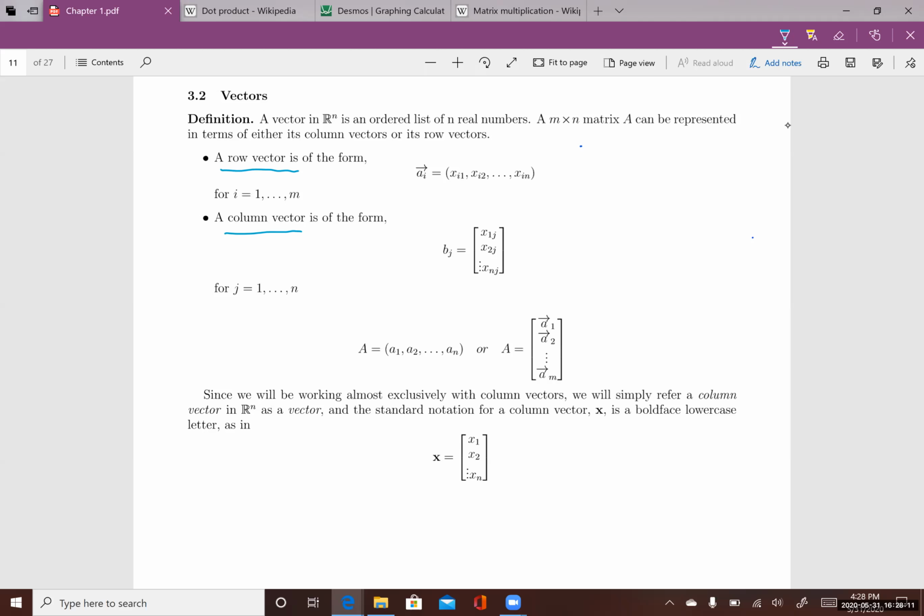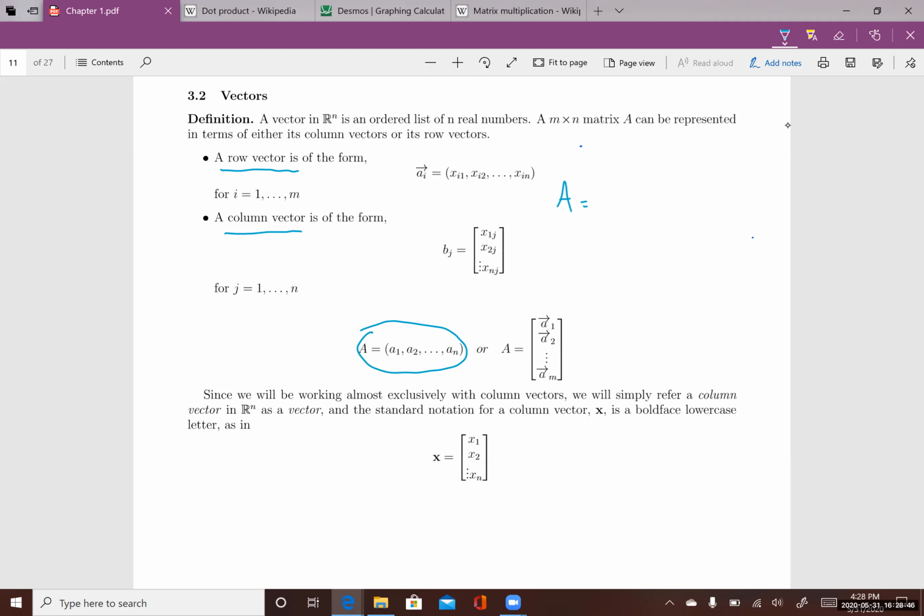And a column vector, let's say b_j, is a vector that has m entries, because this is a column vector. So in a matrix A, you can use column vectors to represent a matrix.